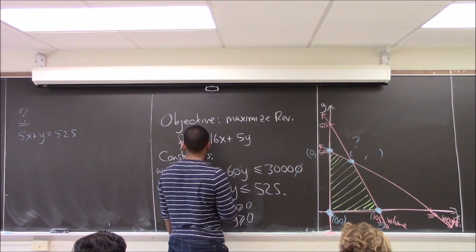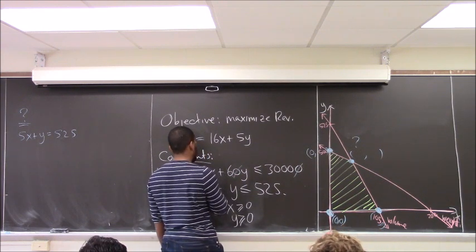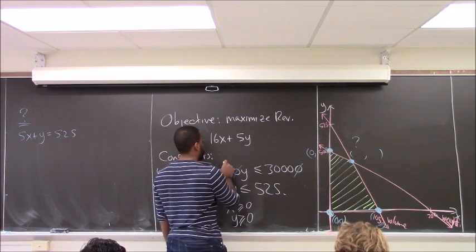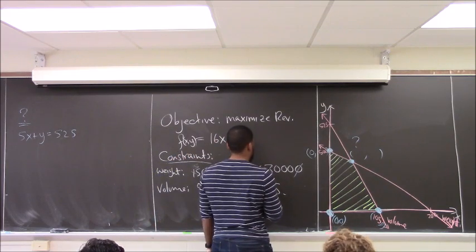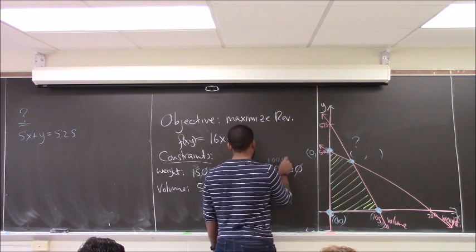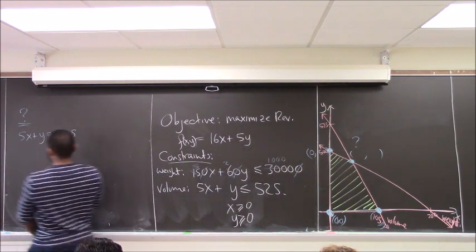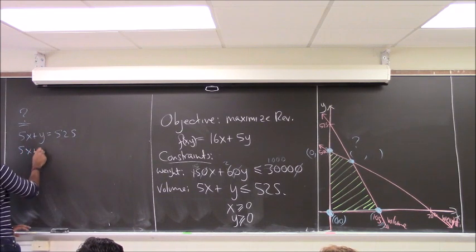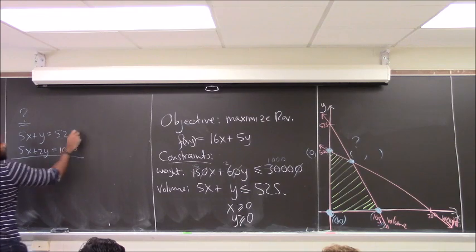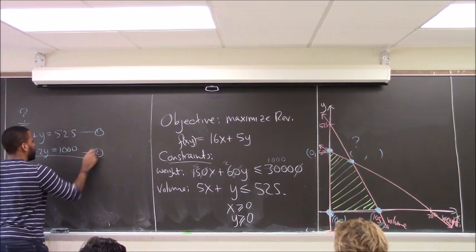Divide by 3. 3 into this goes 5 times, 3 into this goes 2 times, and 3 into this is 1,000. So this will look like 5x plus 2y equals 1,000. Call this equation 1, that equation 2.